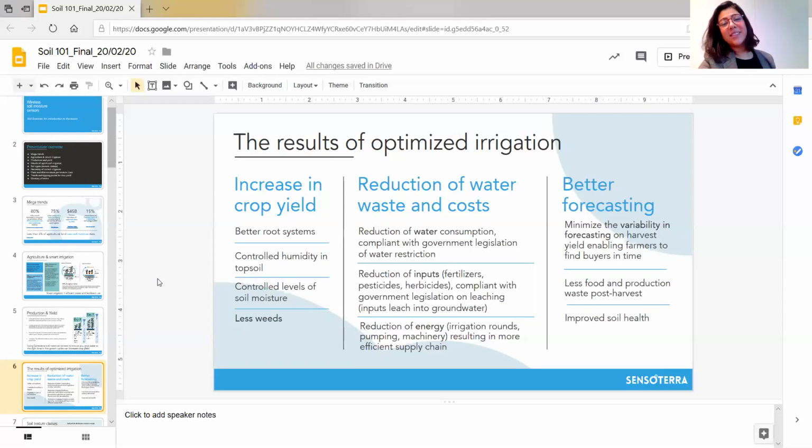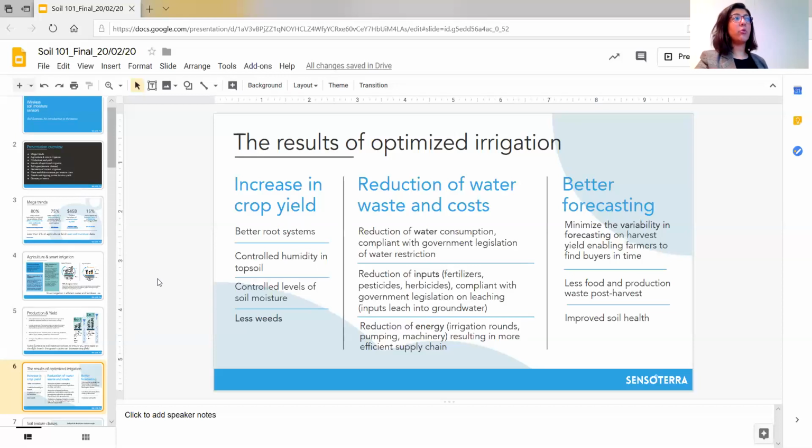Also, better forecasting. So when you control the environment in your field with precision agriculture, you minimize the variability in forecasting on harvest yield, which enables farmers to find buyers in time.